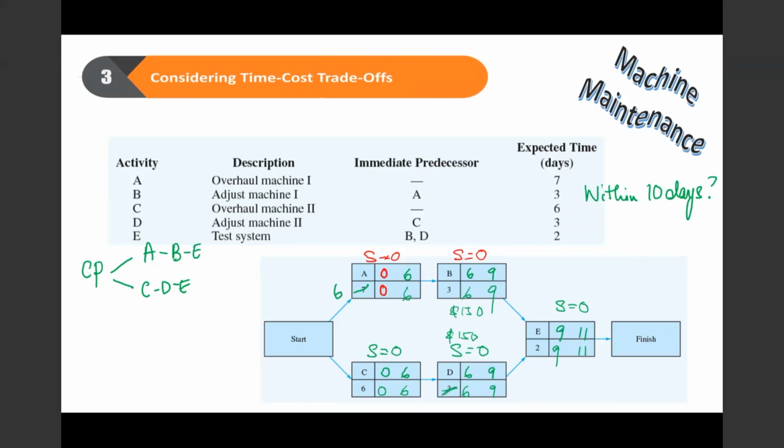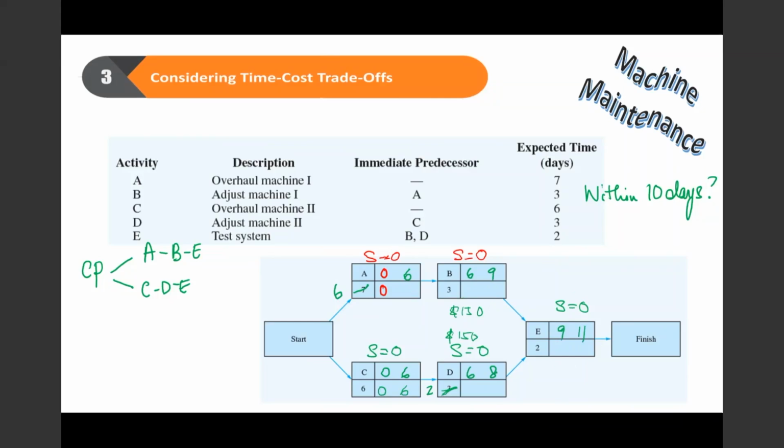So now I will have to redo my network. So this is 6 plus 2 is 8. 8 and 9. Okay, so this is 9. This is 2, 11. So it doesn't work. See, if I were to crash activity D, it doesn't change.